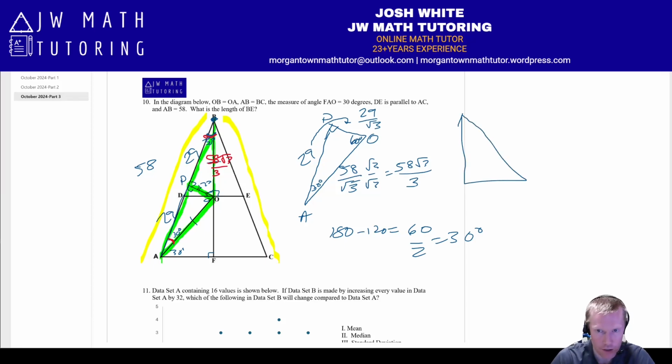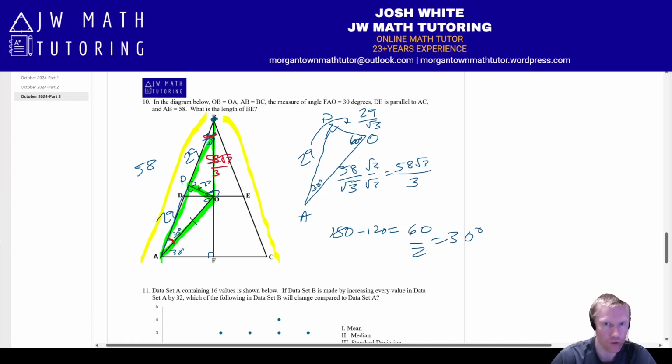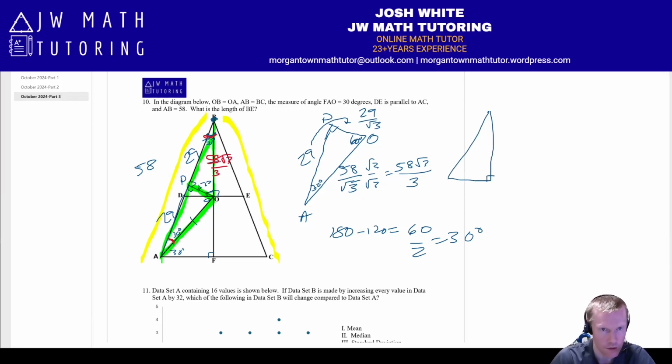Let's say we look at the one on the left, and like I said, I know that because it makes two congruent triangles. So we have B up here, we have O here, and then here we have D.